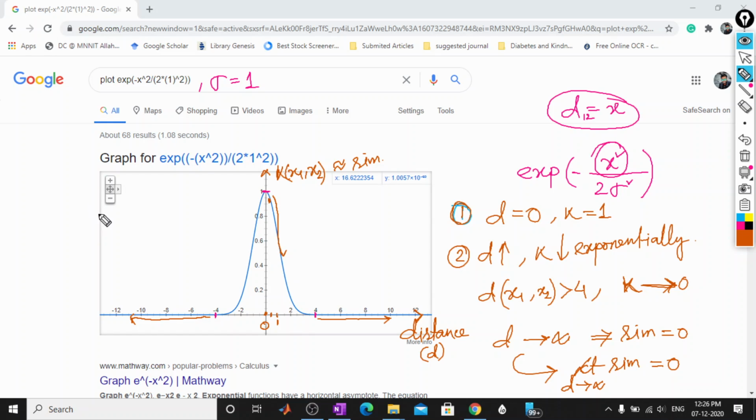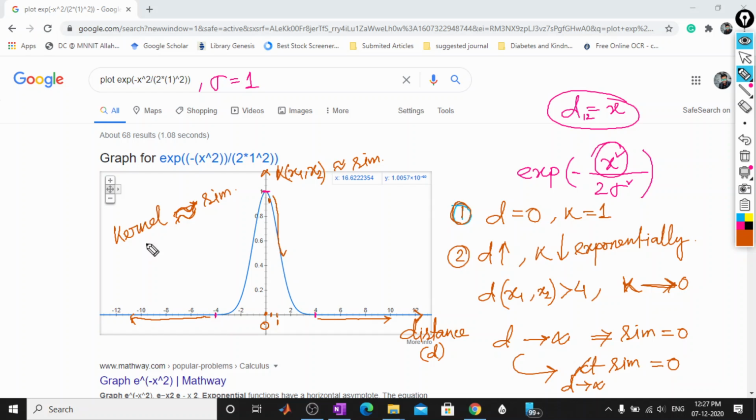Now one thing, I also write this just before this picture. I am also showing here how the kernel is approximately equivalent to the similarity concept.